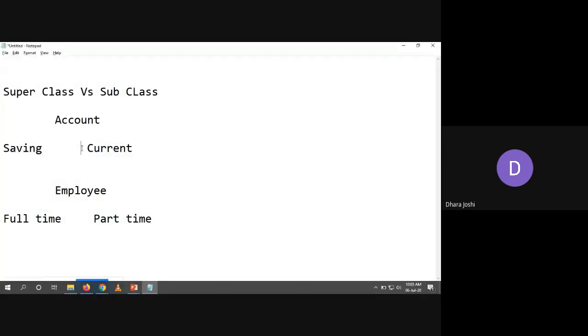Both saving and current have different attributes, like account number, account holder name, mobile number, address, and interest rate.